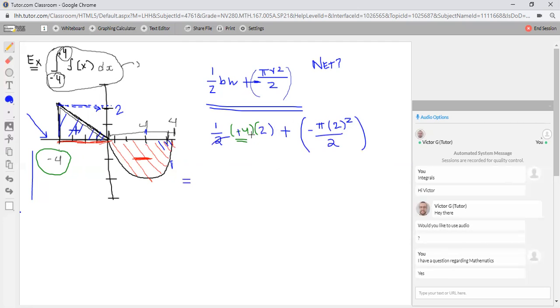Yeah, perfect. So this would just be 4 plus negative 2 pi, or 4 minus 2 pi. Yeah, that looks about right. Okay, awesome. 4 minus 2 pi.